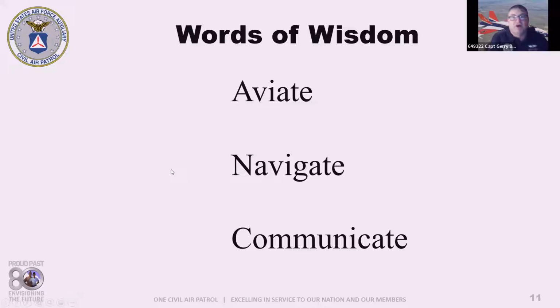So I'm sure all the manned aircraft pilots already know this. Okay, in an emergency, you should always have this mantra in your head. It's a good practice to simulate potential problems and have that plan ready. And you always fly in this order: aviate, navigate, communicate.